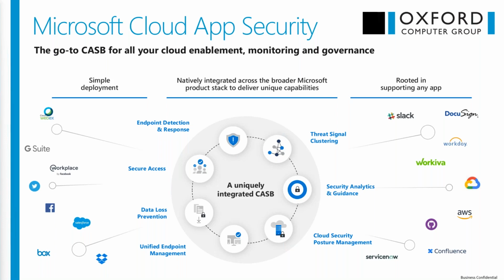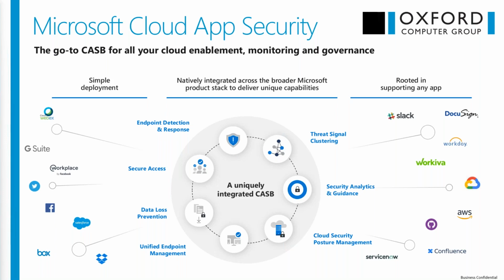Helps customers create policies and rules around data flows, where data is stored, et cetera. And there's a lot of other, of course, capabilities. And it's essentially rooted in supporting any app.